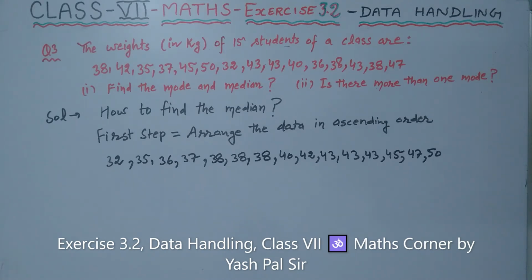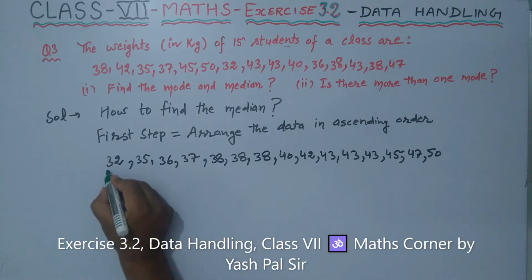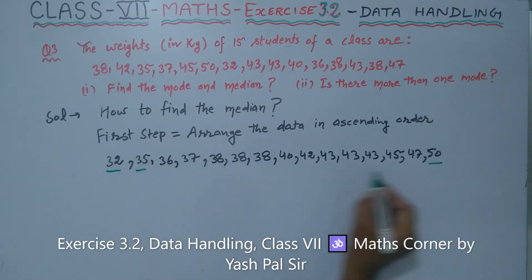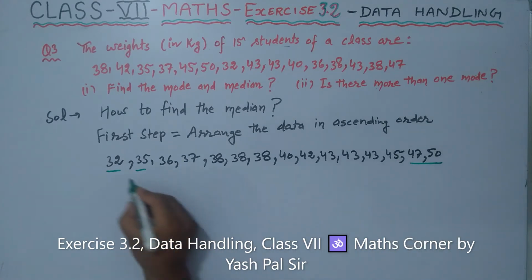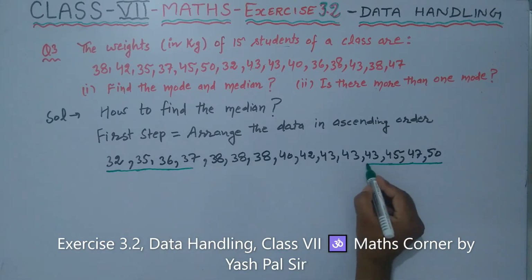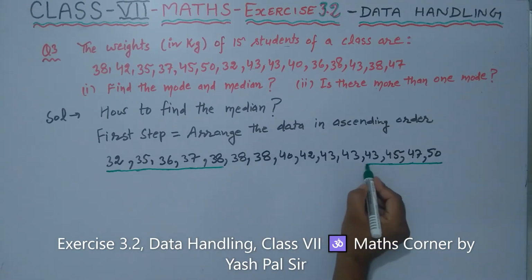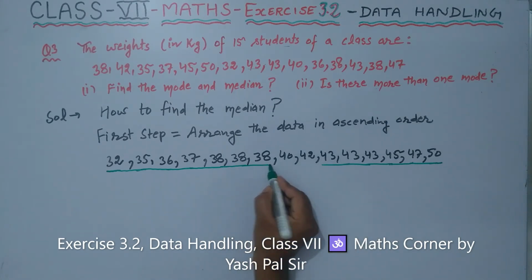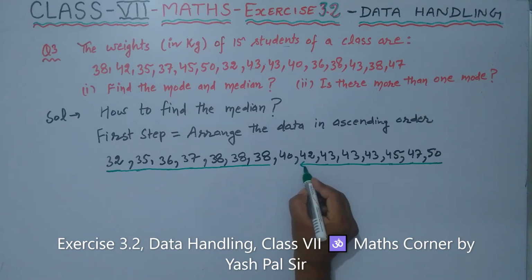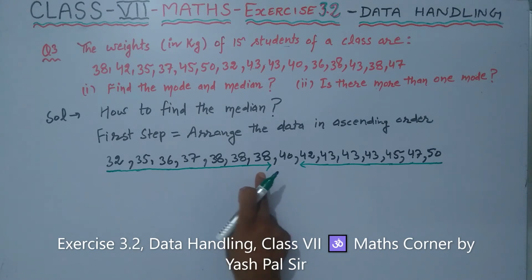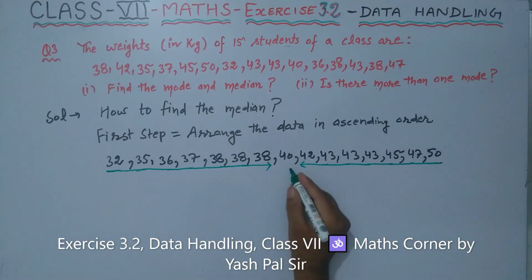So now firstly what do we do? We take one here, one here, second from last, second from first, up to 3, 4, 4, 5, 5, 6, 6, 7, 7. So this way 7 numbers from the left side, 7 numbers from the right side.